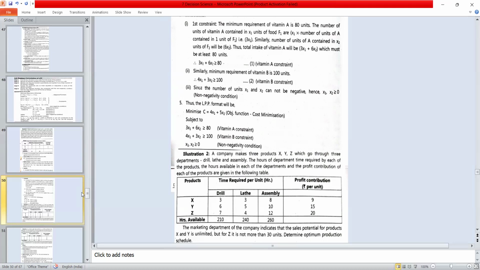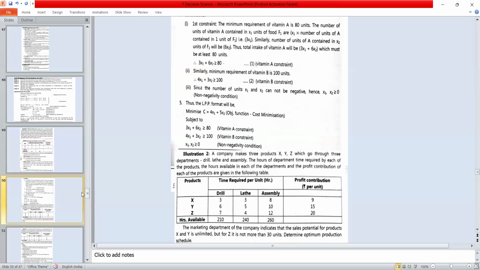Similarly, for vitamin B, 4x1 plus 3x2 equal to 100 or more than 100, which is the vitamin B limitation or constraint. Since the number of units of x1 and x2 cannot be negative, x1 and x2 are equal to or more than 0. So it will not be minus.